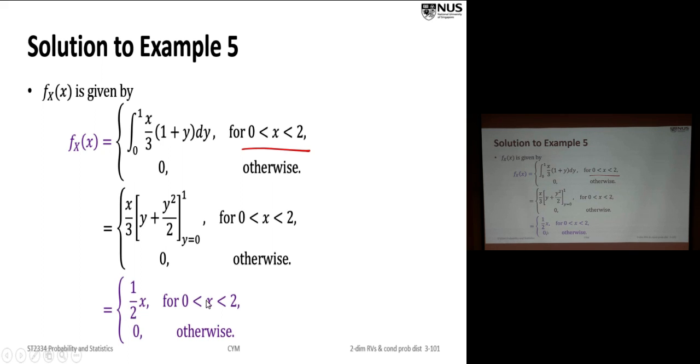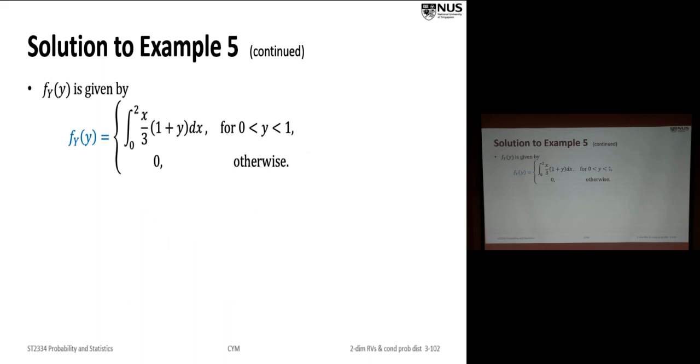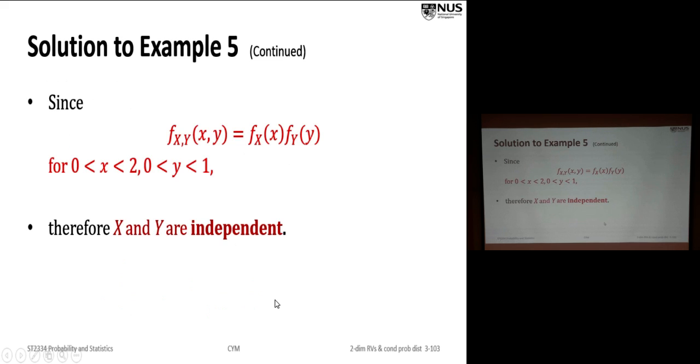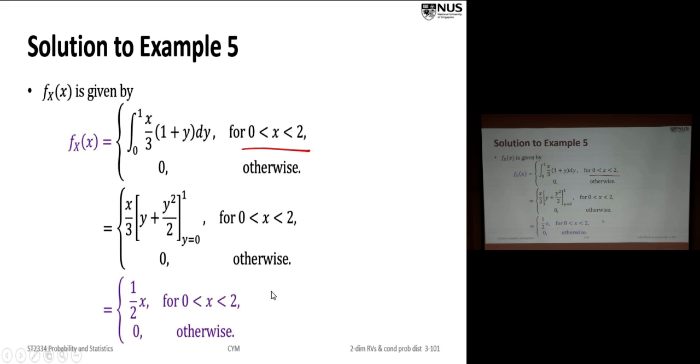Similarly, for f of y, I integrate the joint PDF over x from 0 to 2, when y is between 0 and 1, and it turns out to be 2/3 times 1 plus y. So now I look at the product. What is f of x,y?